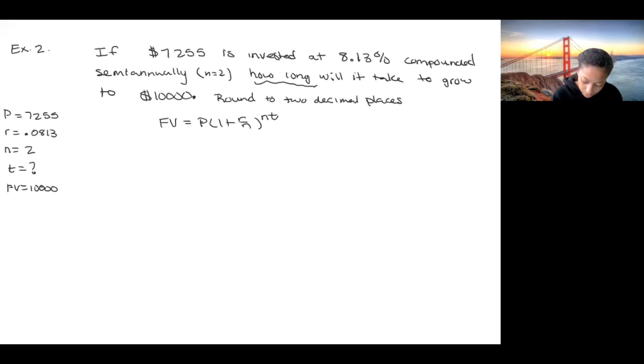So when we put all of this in, we should have 10,000 equals $7,255 times 1 plus 0.0813 over 2 to the 2t power. All right, first step, divide both sides by 7,255.